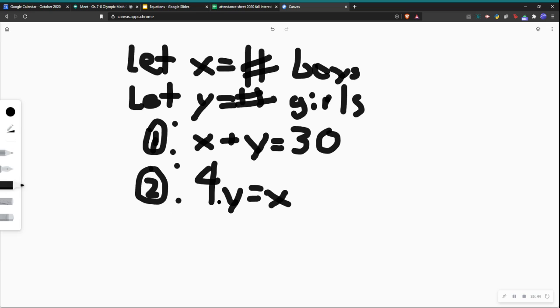Okay, and now we can solve for x and y. Here we're going to use substitution because we can substitute x into equation 1. So, when we substitute, we get 4y plus y is equal to 30.